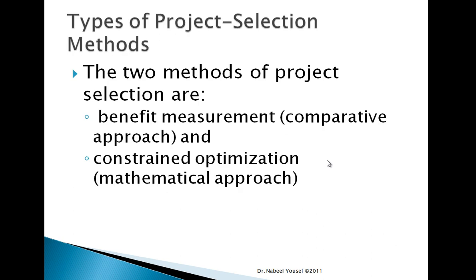The two methods of project selection, like we said, are the benefit measurement and the constrained optimization.